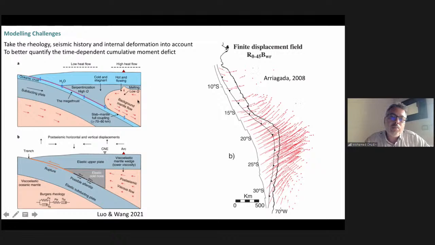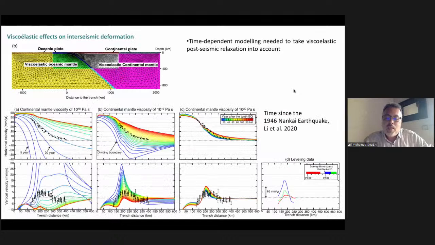And we need some integrated model that also explains the short-term observations, like the GPS, and the long-term observations, like the rotation here that has been published by Arya Gada, the long-term rotation of blocks.